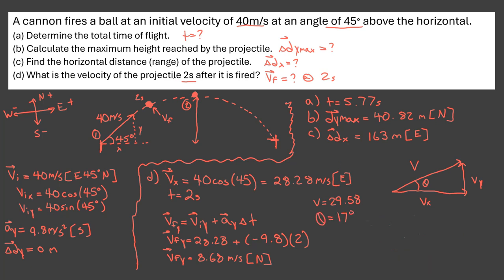Alright, so therefore, the velocity of the projectile 2 seconds after it's fired is going to be 29.58 meters per second east, 17 degrees north.